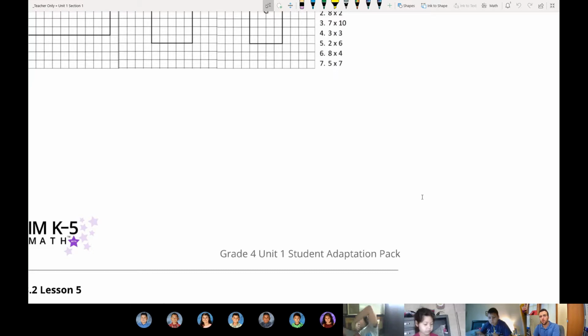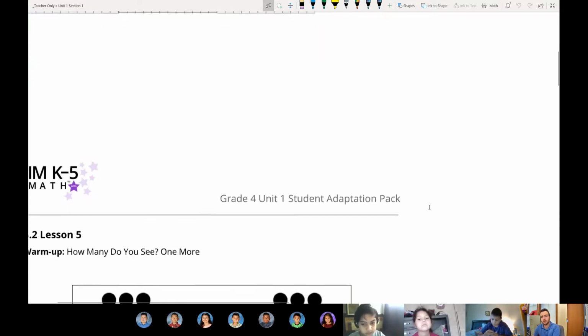Okay. Who wants to tell me how many dots are on the page? Christopher, go for it. There are 15. Okay, and how did you see them?